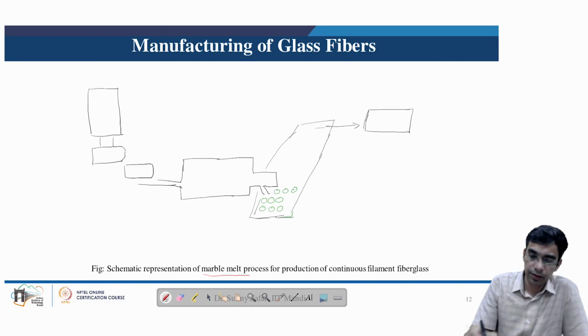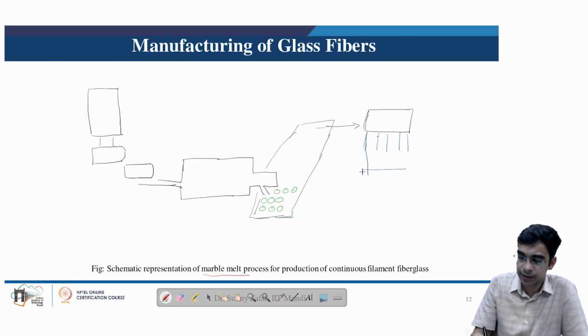So the filament of the glass fiber is produced here, and this filament is passed through an orifice having openings with small holes, and from here the strand is produced.